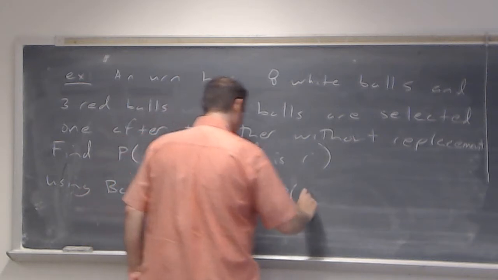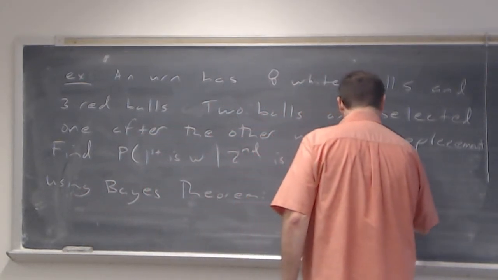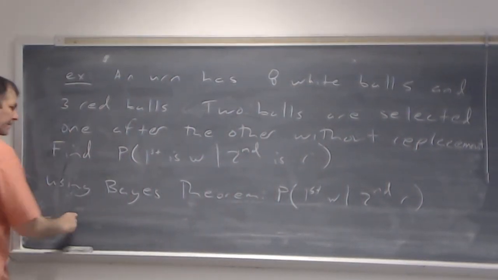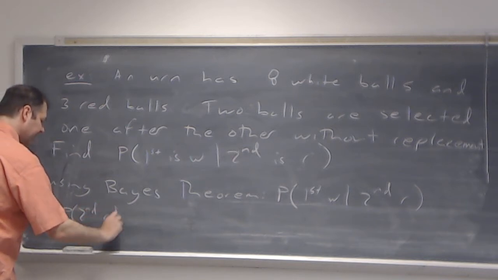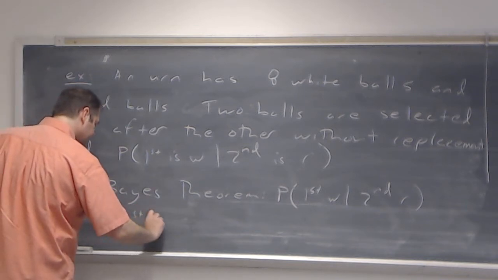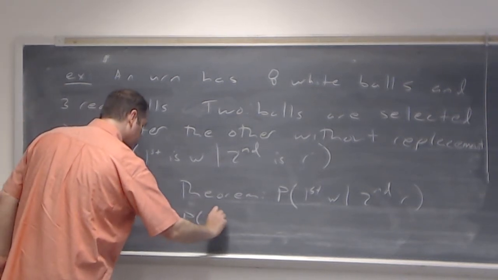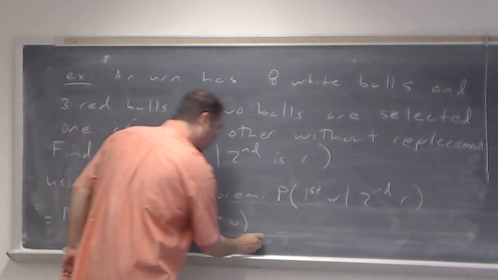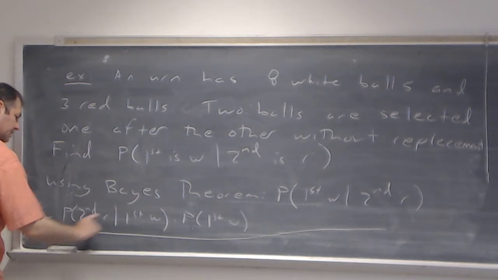the probability of first white given second red would be equal to the probability that the second is red given the first is white, so that's just switching them, times the probability the first is white. Now, the fraction part of Bayes' theorem starts off the same way as the top does.